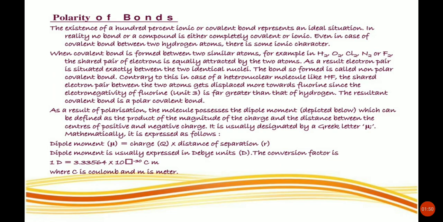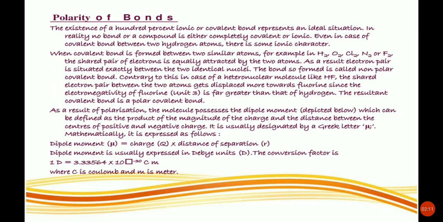And when a bond is formed between two different atoms, or a heteronuclear molecule like HF or HCl, the shared electron pair between the two atoms gets displaced more towards the more electronegative atom.